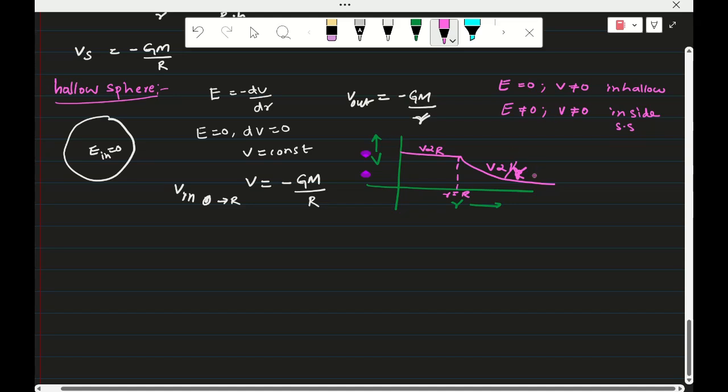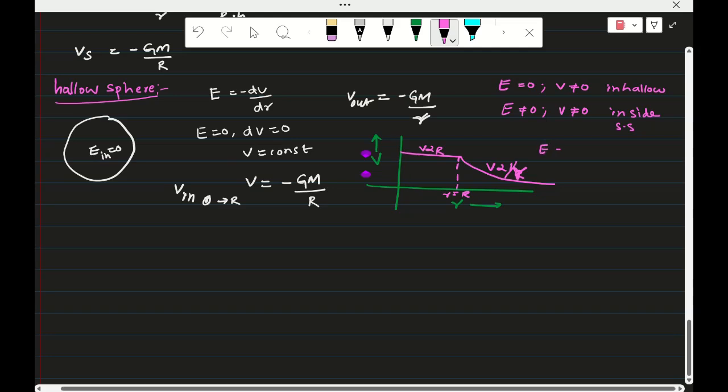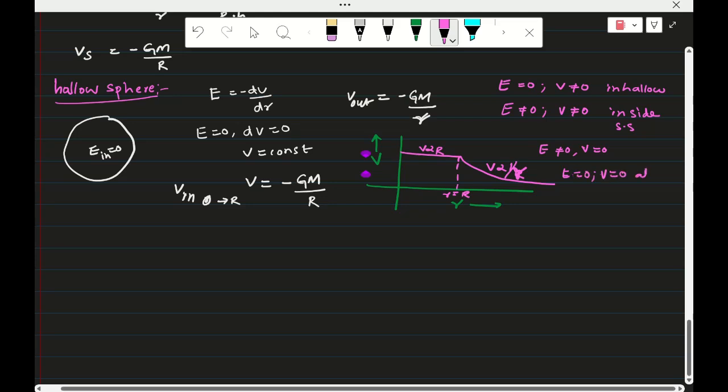Now E is not equal to 0, but V is equal to 0. And E is equal to 0 and V is equal to 0. This is at infinity. At infinity, both E and V values are 0.